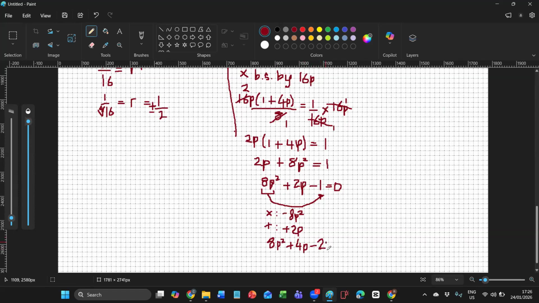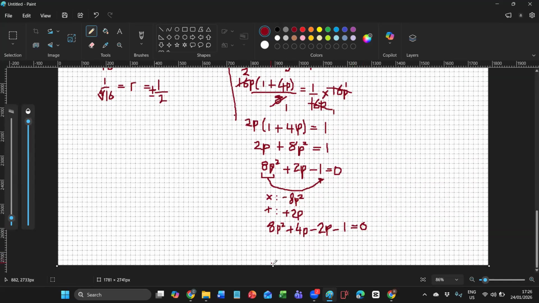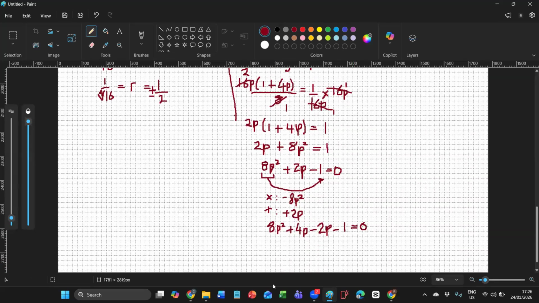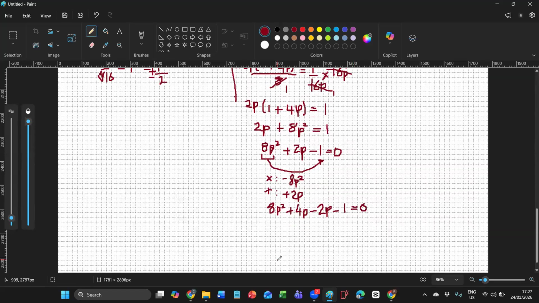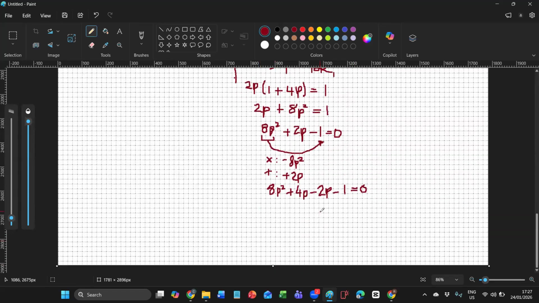We just replaced that guy in the middle so that we can nicely factorize. And then we ask the usual zero question: if something times something equals zero, then one of them is equal to zero, or the other one is equal to zero.